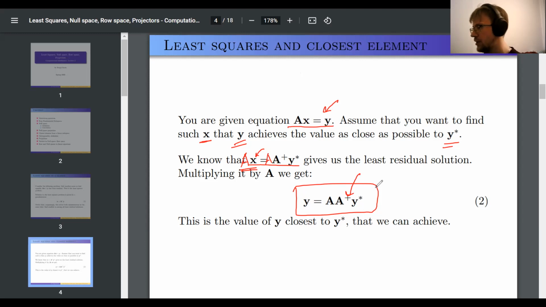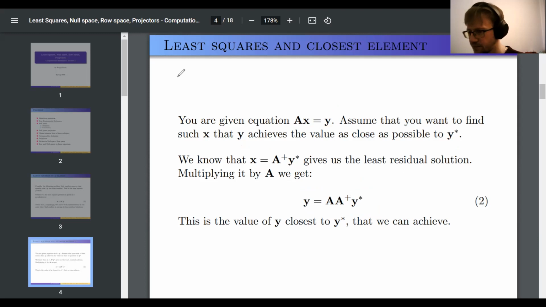It gives you the smallest norm solution that provides the smallest residual. And you can use it in this way, as equation 2, to find y that is closest to y star. Interesting. We'll use it very, very soon. So you will see why it is useful.